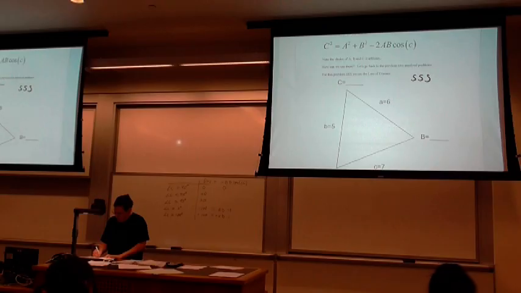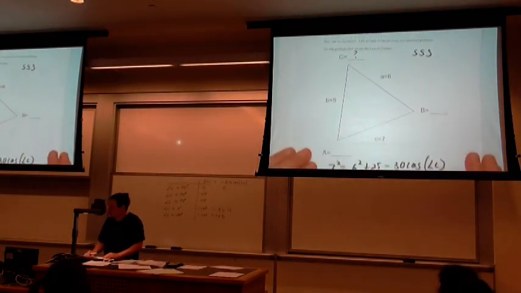That's equal to a squared, which is 6 squared, plus b squared, which is 5 squared, minus 2 times a times b, which is 30, times the cosine of angle C. That's this angle here.